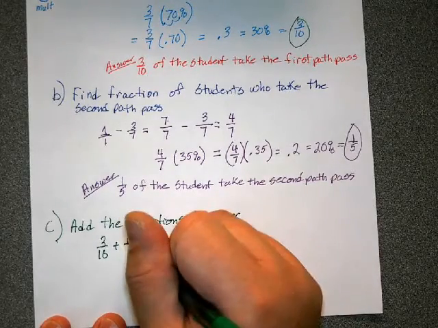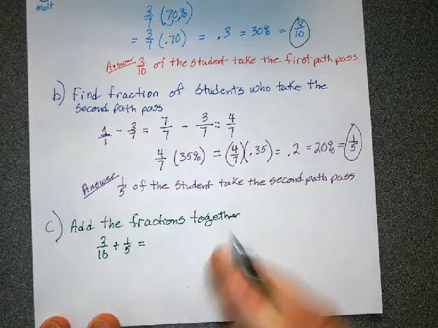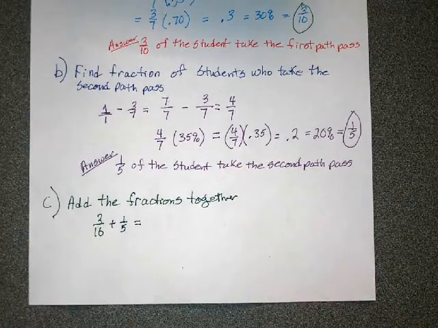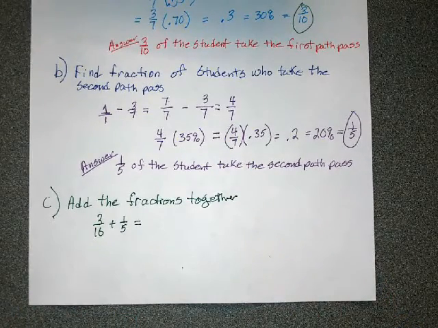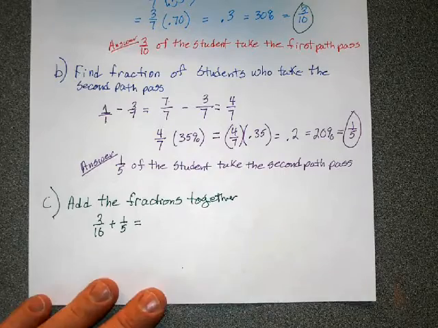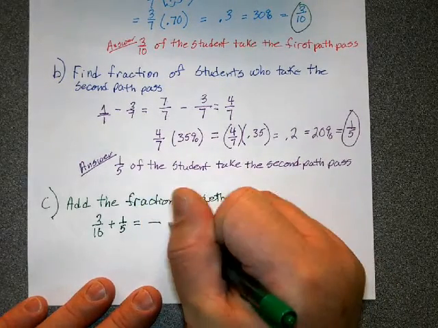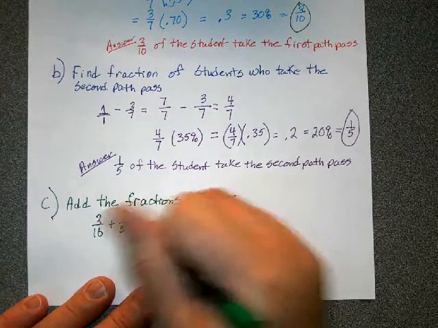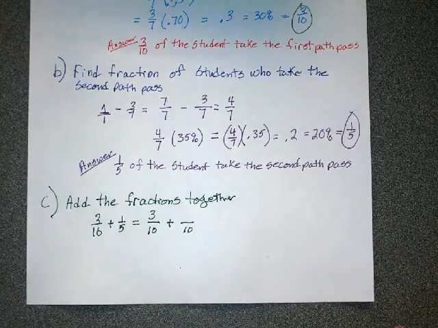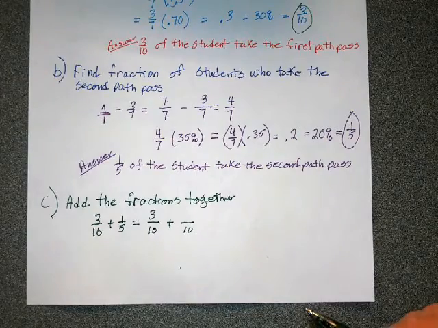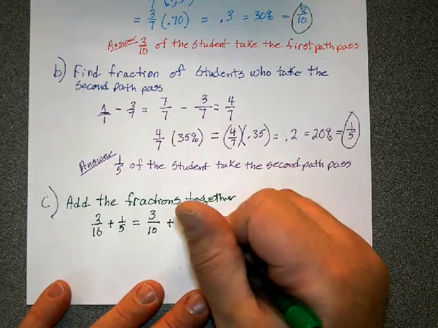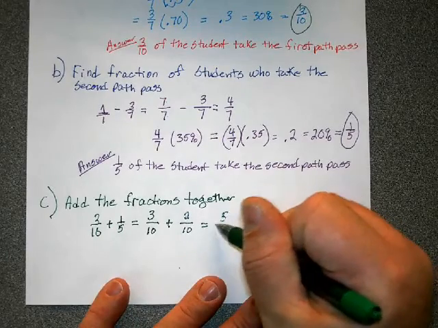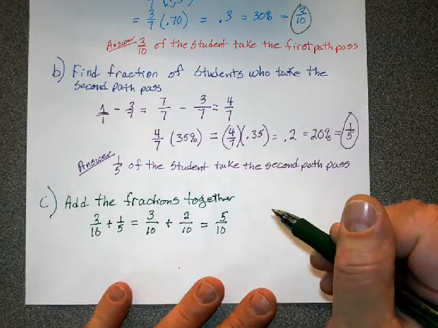Now, how do I add these? Common denominators. What's my common denominator? 10. Awesome. So I don't even have to change the first one, right? What's my second fraction? It'll be 2/10. So I get 5/10, which is 1/2.